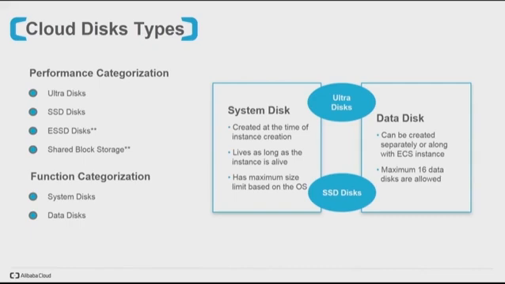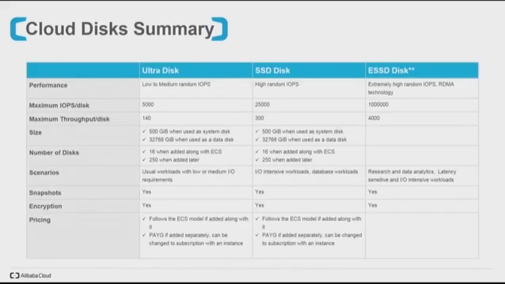SSD disks are well known, they are for high performance, and ultra disks from us are for medium performance, where we are trying to solve problems which are not related to high performance IO, or the solution doesn't need high IOPS.